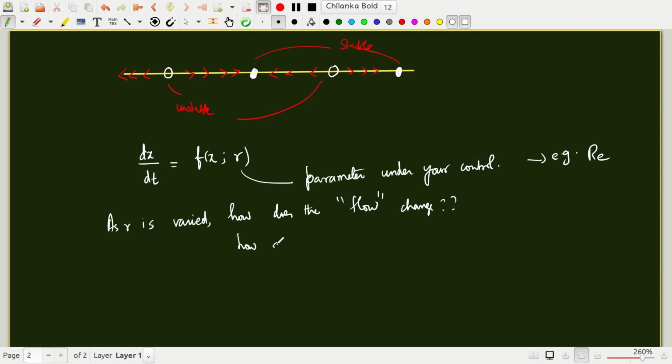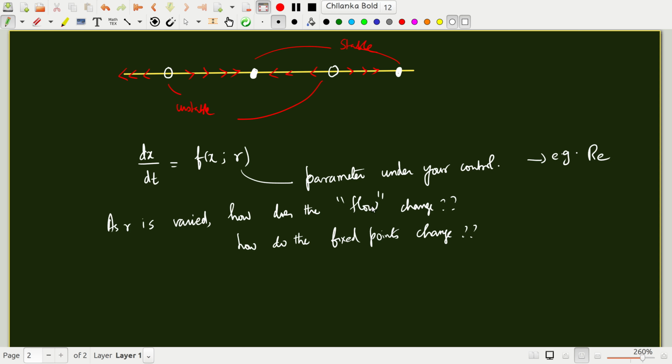And how do the fixed points themselves change? You may envisage a scenario wherein if I change the parameter, one fixed point that was stable could become unstable, or vice versa.